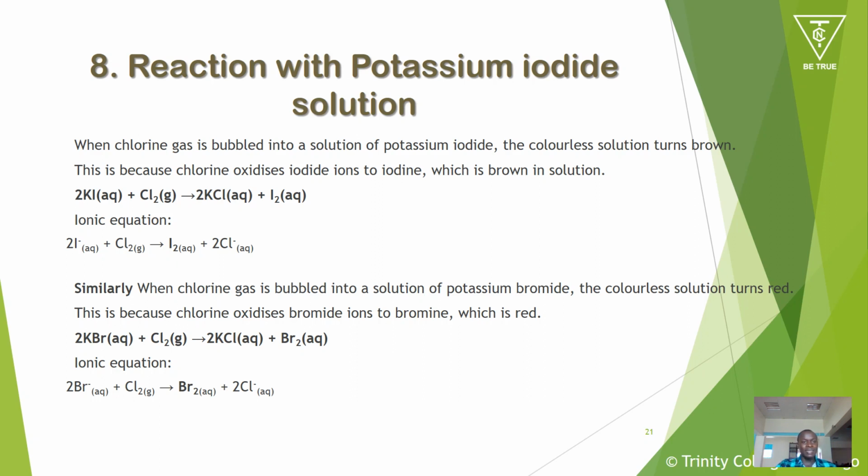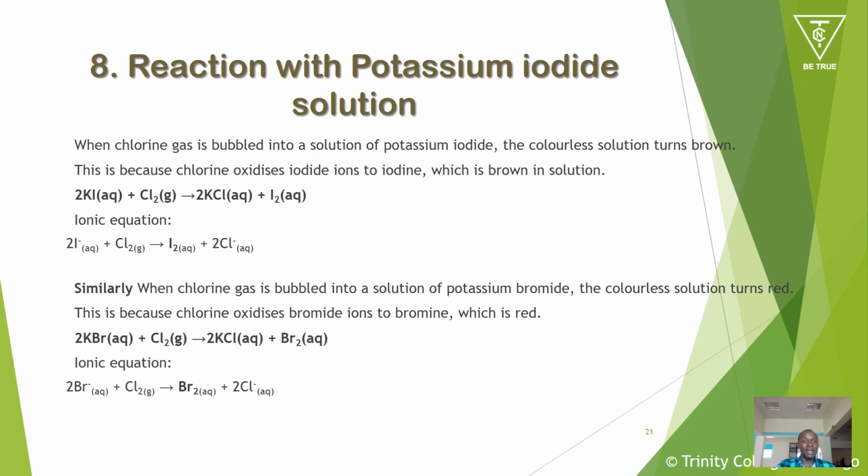You can see that the iodide ions in potassium iodide lose their electrons, because on the reactants side of the equation the iodide ions are negatively charged. So they lose the electrons and they become iodine. That iodine which is formed makes the solution become brown, because iodine is brown in solution. That's an oxidation reaction.